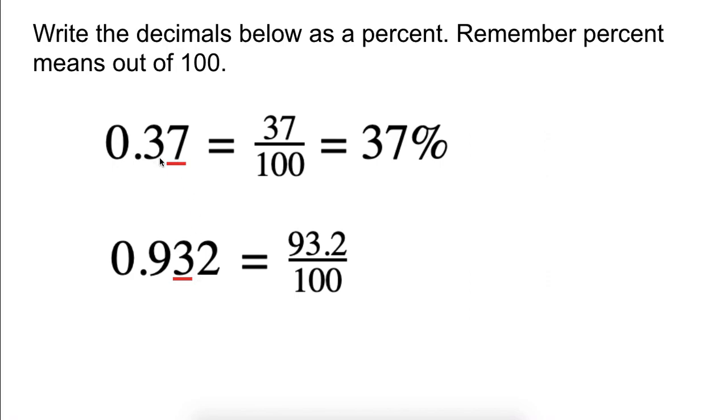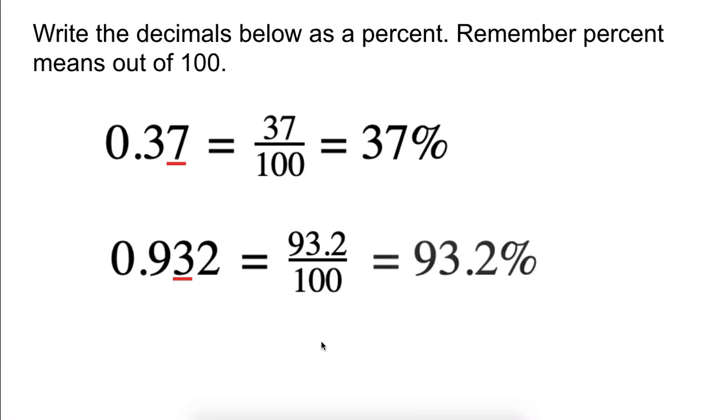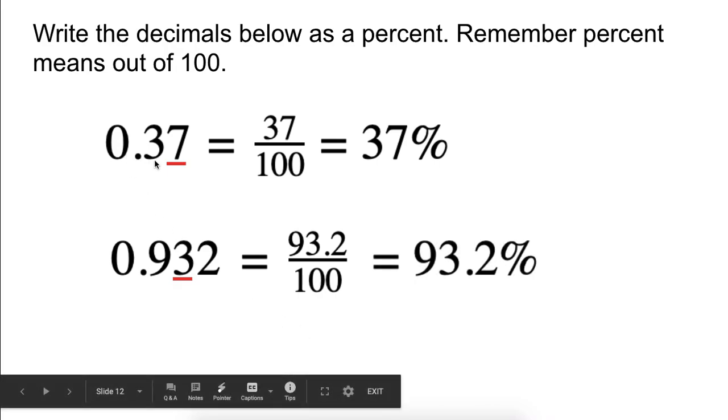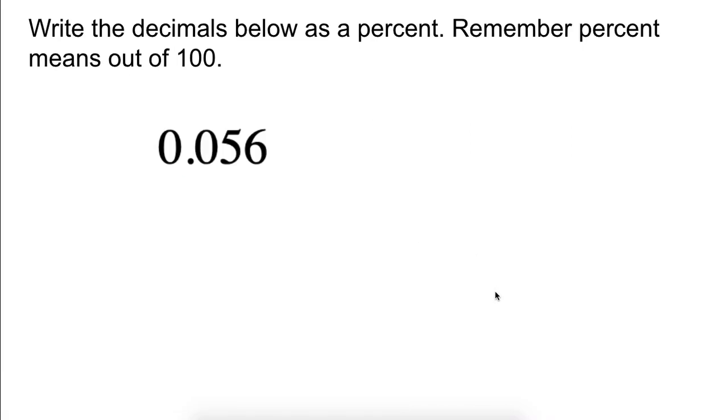That's a shortcut you can think about. But really what we're doing is writing the fraction in terms of hundredths. And once we get it written as hundredths, we can go right to a percent. But the key is that decimal is just moving to the right 2 places. So we have 93.2%.